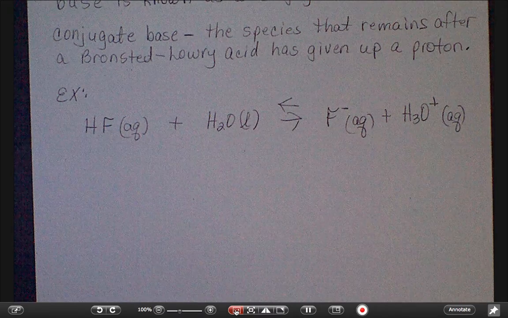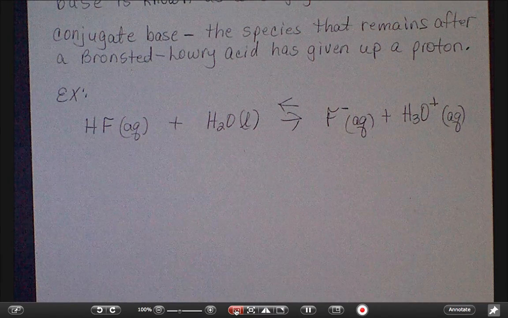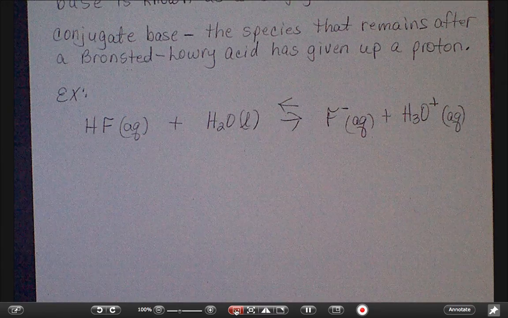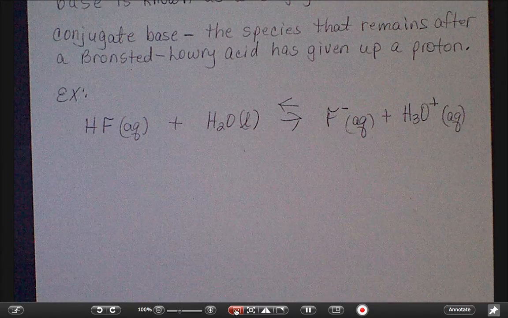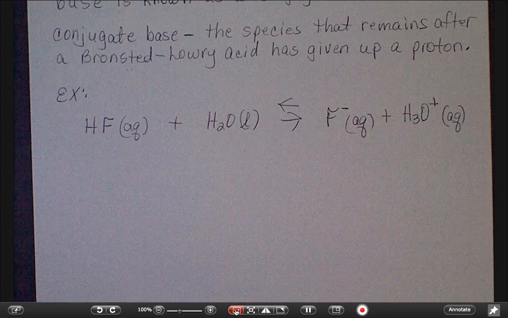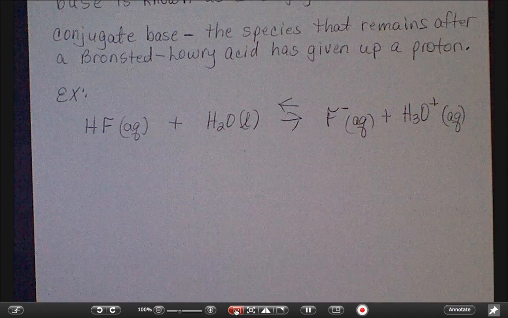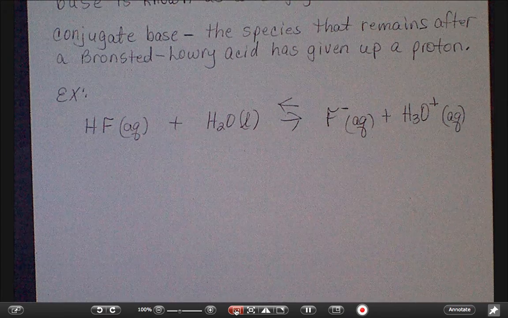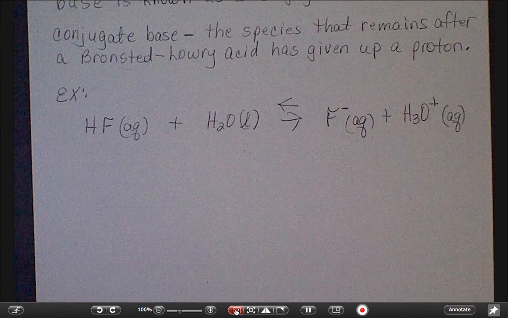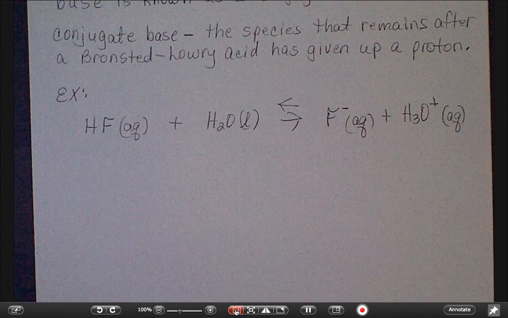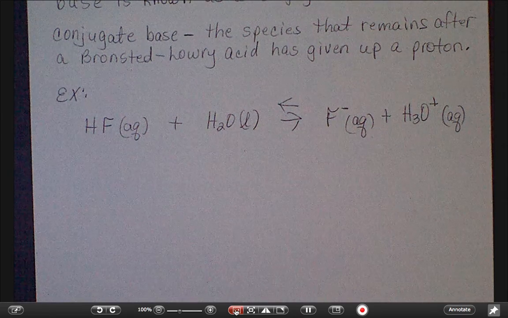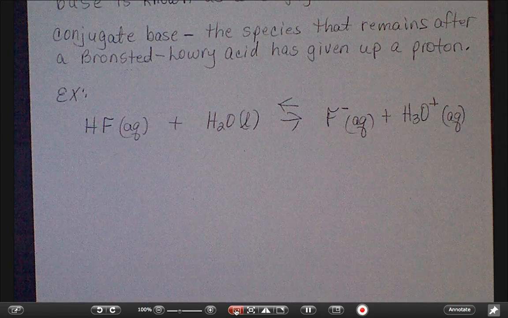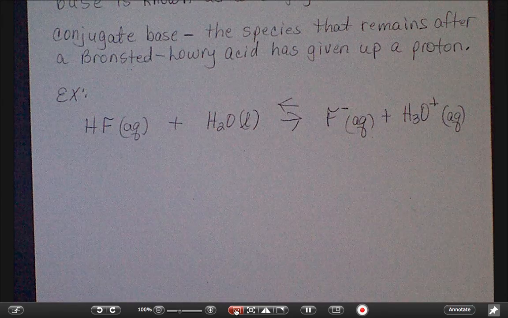Okay, so let's look at this. Just by looking, can you see on the left side that both substances have an H? Does everybody see that? So you must look to the right side of the arrows to see which one actually lost the H. So, who lost the H?